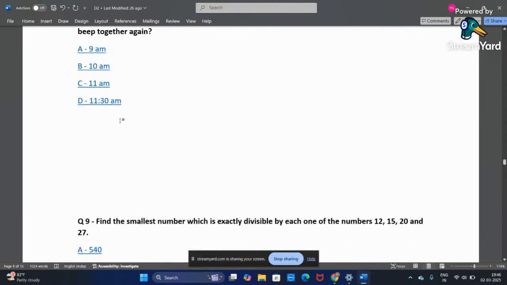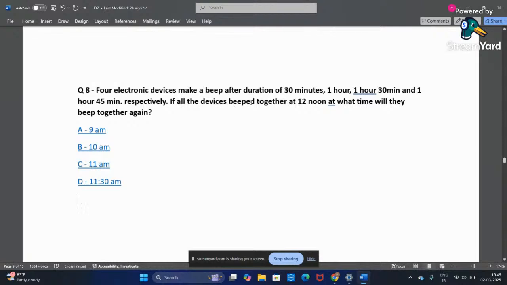So in this, first you have to find the LCM for all of these. Here it is 30 minutes, it's in minutes, and here it is in hours, and here it is hours and minutes.